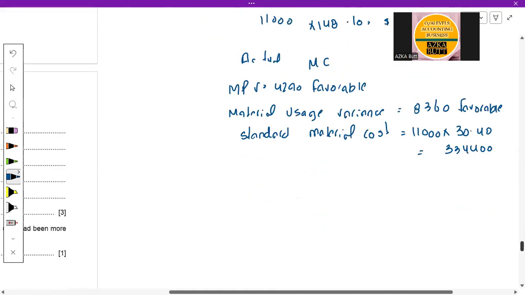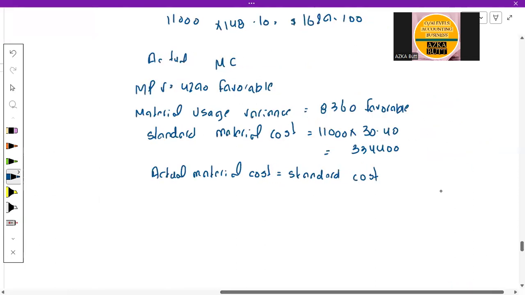And actual material cost is equal to standard cost minus favorable variance.